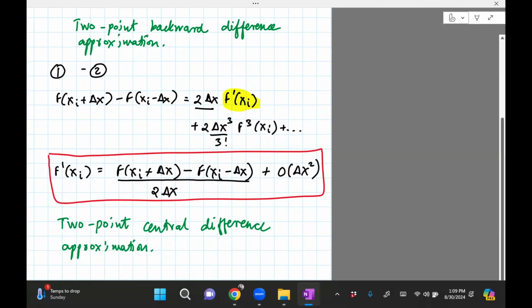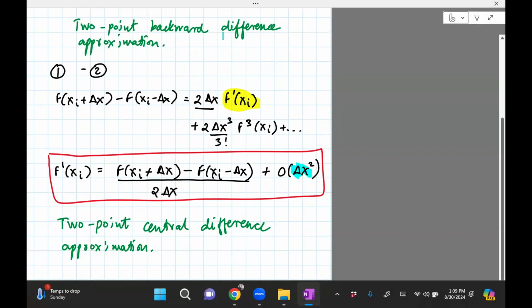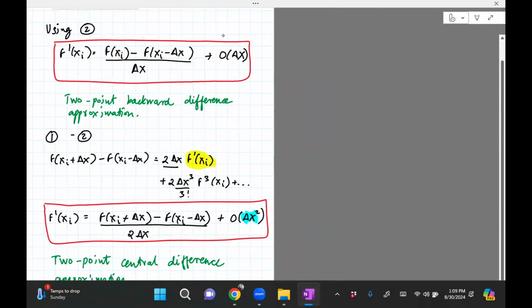Okay. The good thing about this particular expression is that this term, the error, is order of delta x squared. So if you compare this against backward difference, let's say that you choose a step size delta x as 0.1. Your error is going to be about 0.1 for the first approximation.